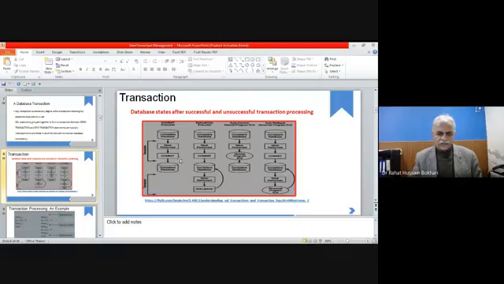And if, due to some reason, the transaction is partially executed and we are not satisfied, or due to some malfunction we feel the transaction has not been fully executed successfully, then we have to roll back.